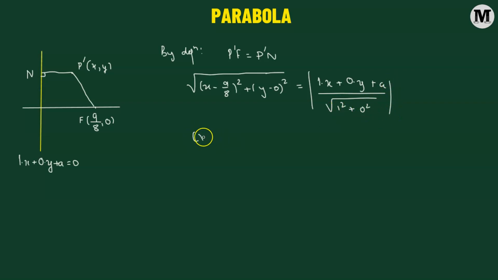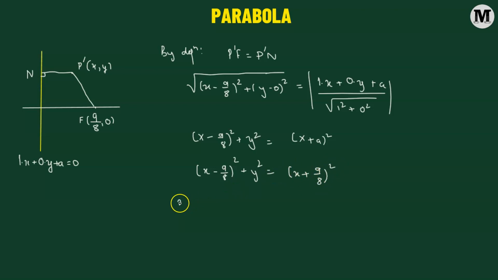So we are going to square both sides to get (x minus 9/8) whole squared plus y squared equals (x plus a) whole squared. And we have the value of a, so we have (x minus 9/8) whole squared plus y squared equals (x plus 9/8) whole squared.